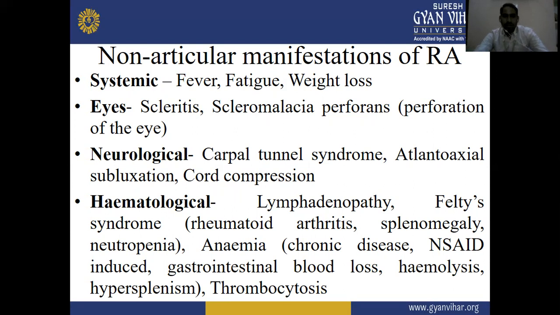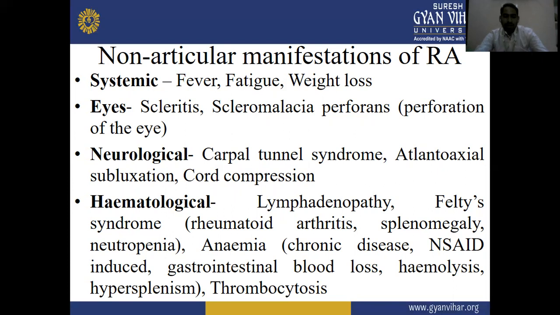Next one is neurological non-articular manifestations of rheumatoid arthritis: carpal tunnel syndrome, and atlantoaxial subluxations and cord compressions.